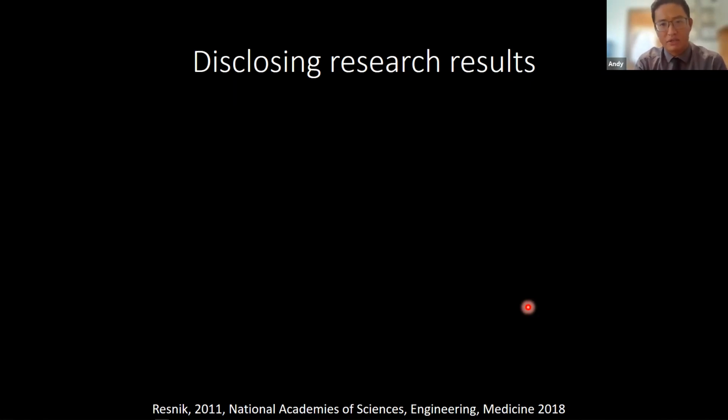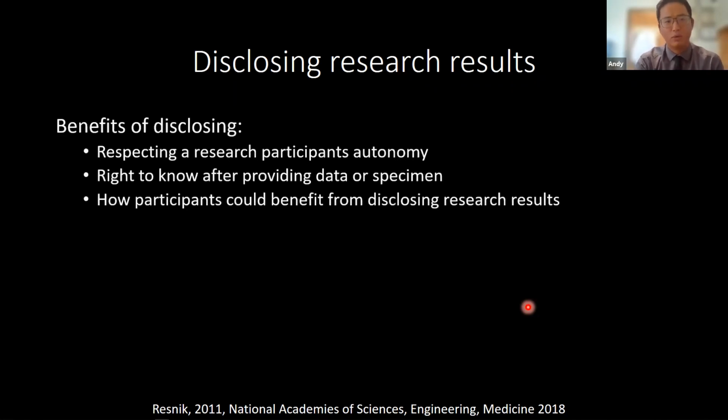So the benefits of disclosing really are 3 things. So respecting a research participant's autonomy, as I just talked about, the right to know. I think what you'll see is that a lot of participants mix up a clinic visit with a research visit. So they're not really sure why they're coming to you, especially in people who have mild or moderate dementia.